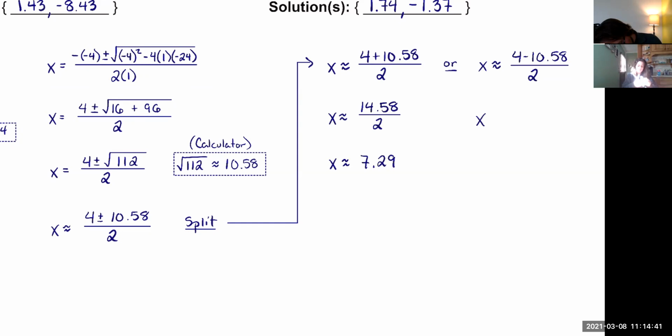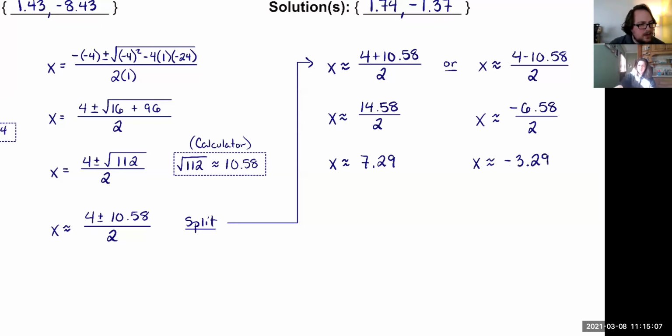Moving over to the second one, 4 minus 10.58 is going to give me a negative 6.58. And when you divide that by 2, oh, careful. I got -3.29. I think it's negative 3.29.